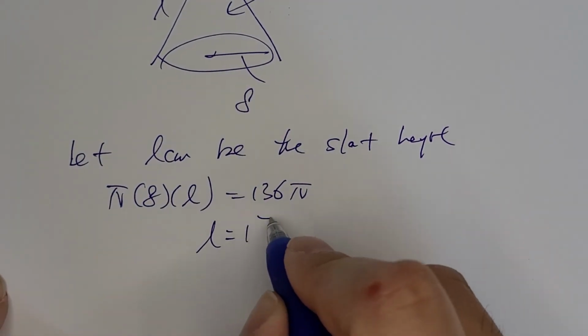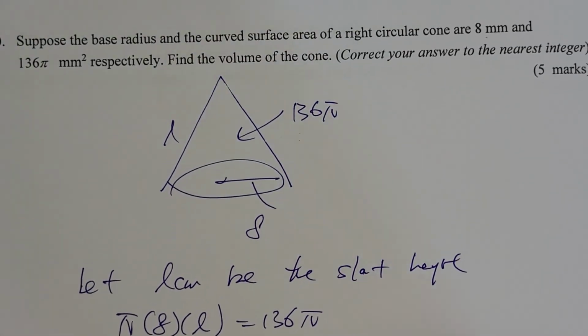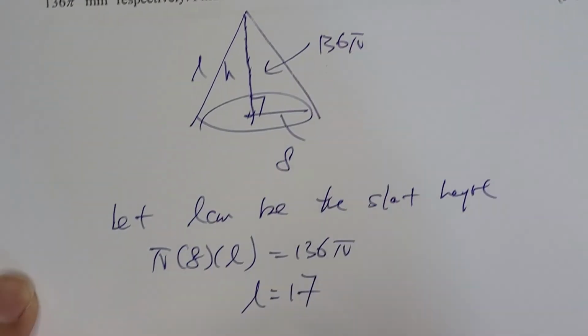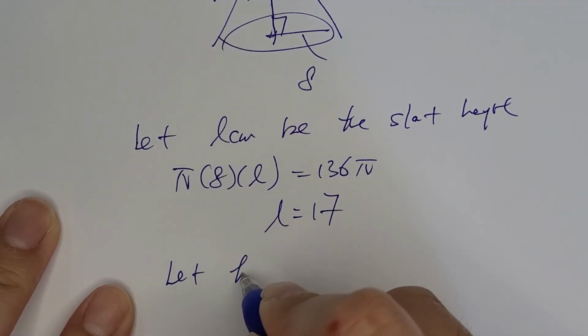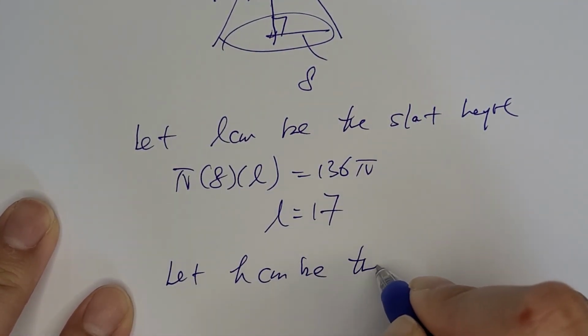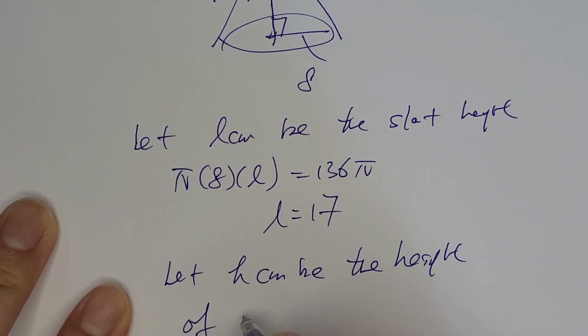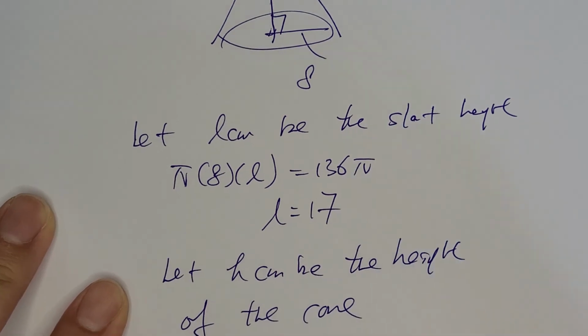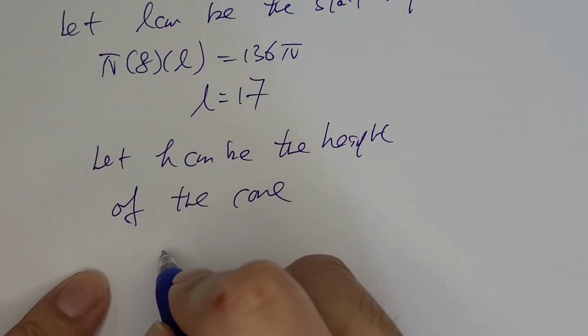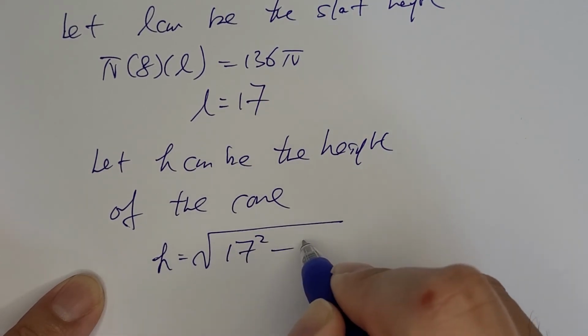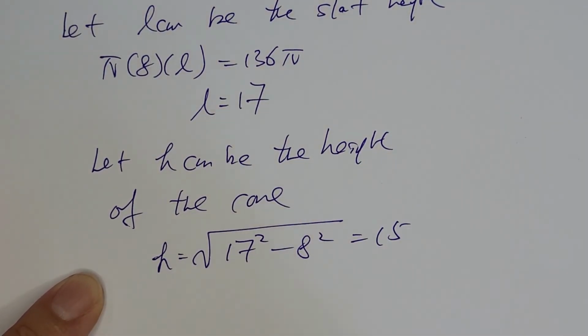Alright, then you need to find the height. Let h cm be the actual height of the cone, not slant height. Okay, so h would equal the square root of 17 square minus 8 square, that is 15.